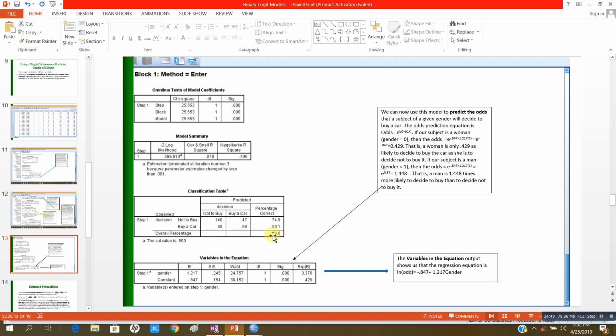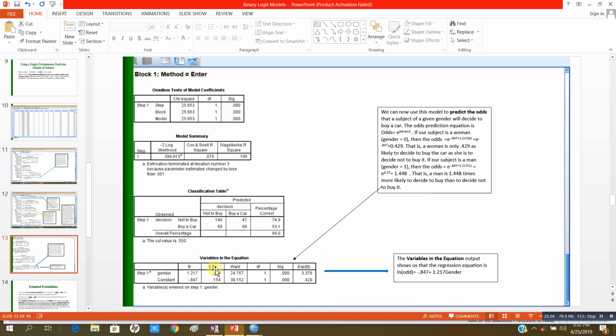Now here is the final model. Variables in the equation, the gender and the constant, and these are the coefficients. 1.217 is the coefficient of the gender variable, and minus 0.847 is the coefficient of the constant. These are the standard errors of the two coefficients, that is the standard error of the gender and that is the standard error of the constant.